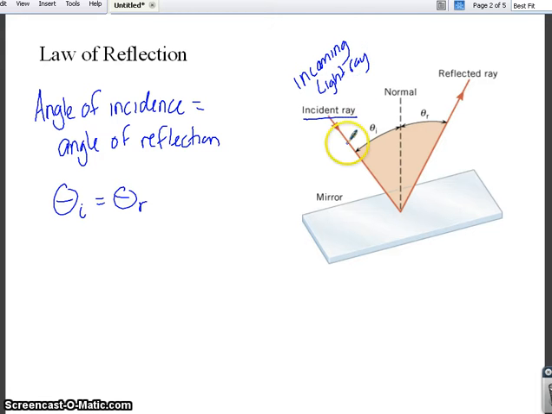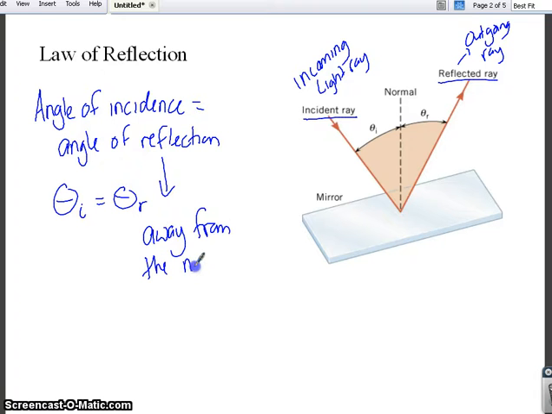Notice, straight line arrow. And the reflected ray is the outgoing ray. With any mirror, the angle of incidence is going to equal the angle of reflection away from the normal. The normal is this line right here. The normal is the perpendicular line to the surface.